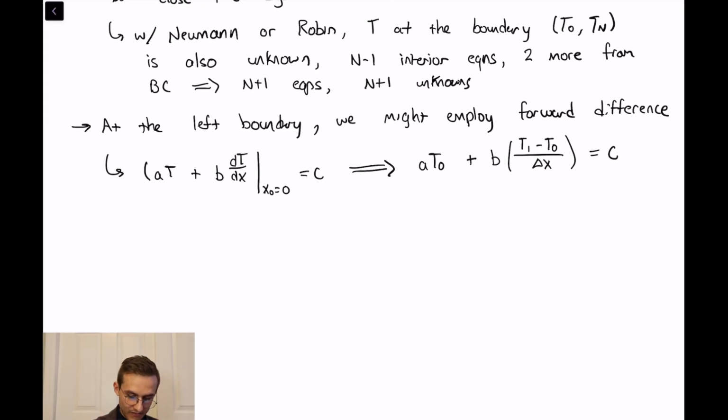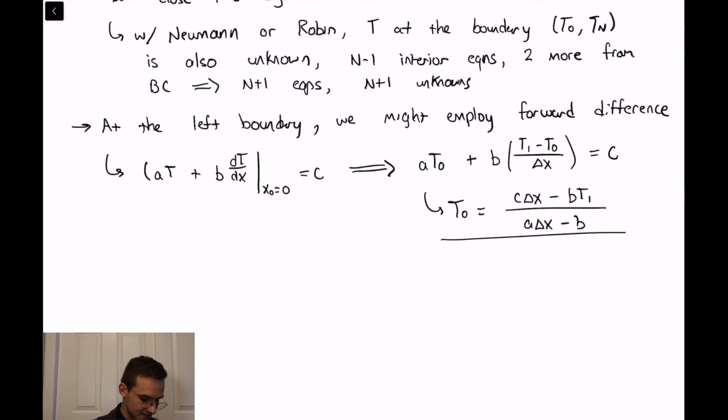If we solve that for T naught, we get (c delta x minus b T1) divided by (a delta x minus b). So we have T naught written in terms of T1: the value of the temperature at the left boundary written in terms of the value of the temperature at the first interior point.